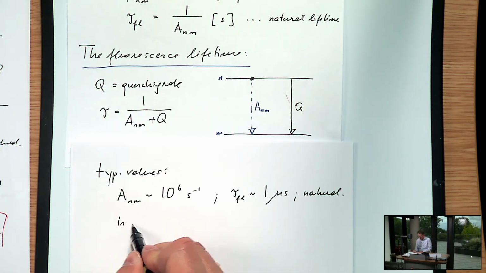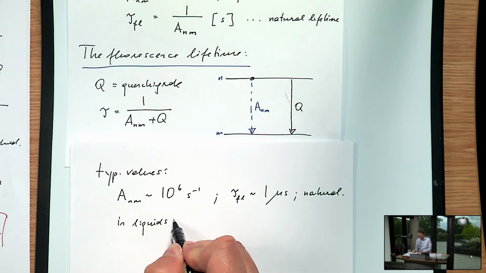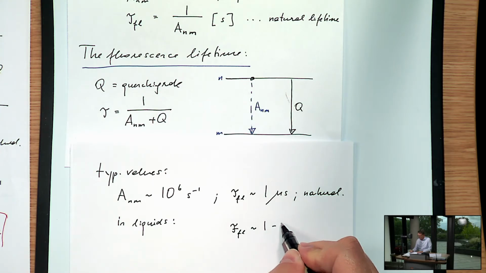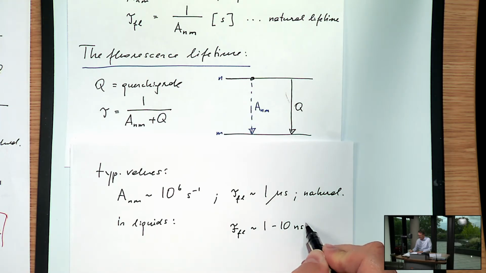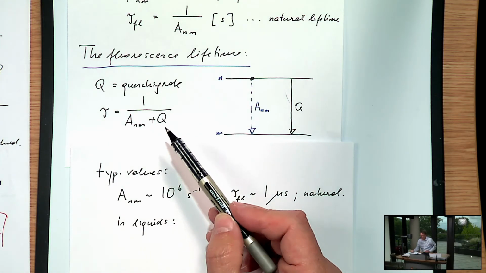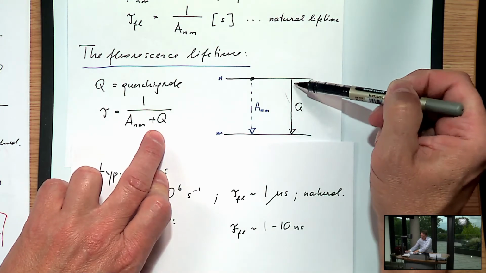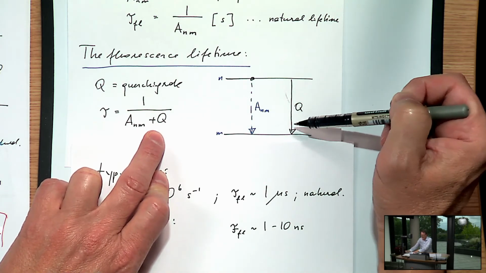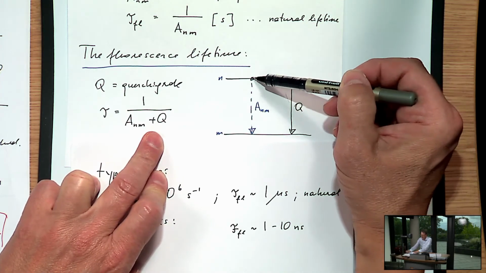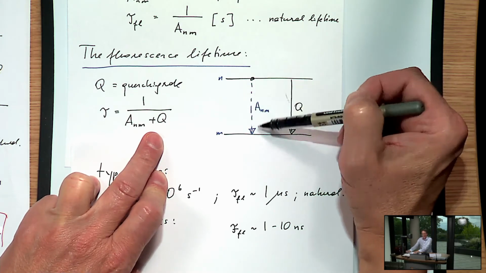Now in liquids, for example in a cell, that lifetime will range from 1 to 10 nanoseconds, that's 10 to the minus 9 seconds. That's between 100 and 1,000 times smaller than the natural lifetime. In other words, in a typical environment, the probability of a quenching event de-exciting the molecule is about 100 to 1,000 times larger than the probability of a photon being emitted by spontaneous emission.